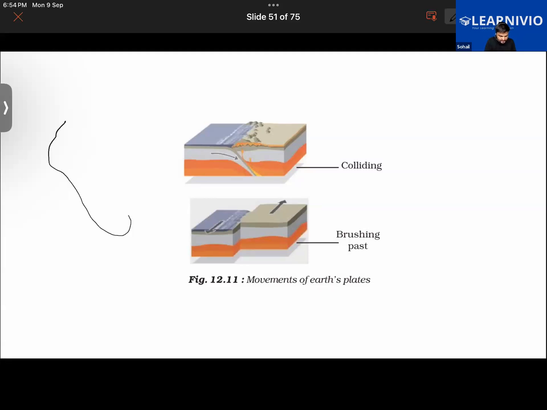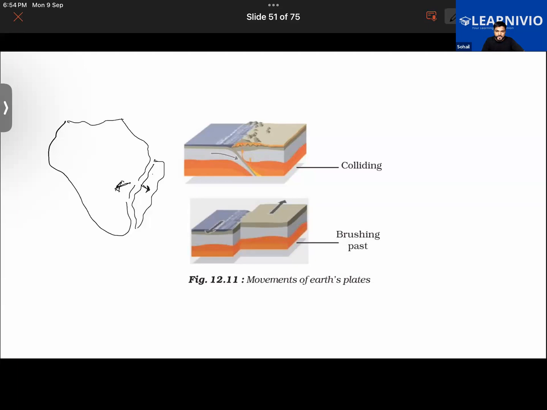This is Africa, and it is rupturing from here. The plates are rupturing into two. So a few million years from now, Africa will be split into two new continents. Getting what I'm trying to say?